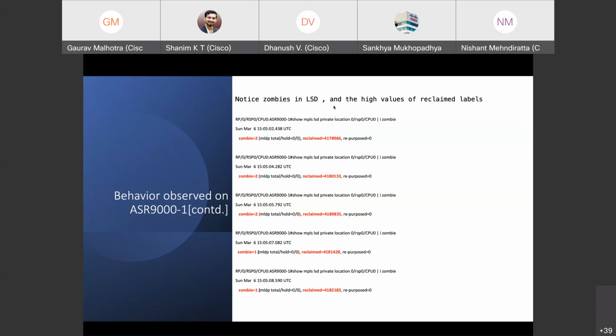Once this happens, in the previous slides you saw the repeated BGP updates, the zombies, and the RIB time also changed very frequently. This causes a couple of BGP threads to go higher in processing.